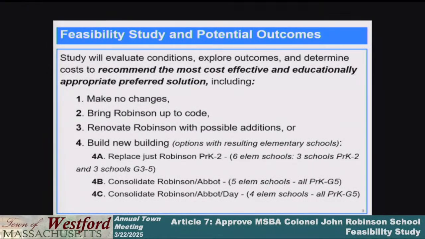Now for us, a new building would also explore 3 other options: replacing Robinson with another pre-K to 2 building, or 2 options for consolidating and reconfiguring our current grade structure to make each of our elementary schools pre-K to 5. We could consolidate Robinson and Abbott, resulting in 5 elementary schools, or a larger building to consolidate Robinson with Abbott and Day, leaving us with only 4 elementary schools, further reducing our annual operating costs.